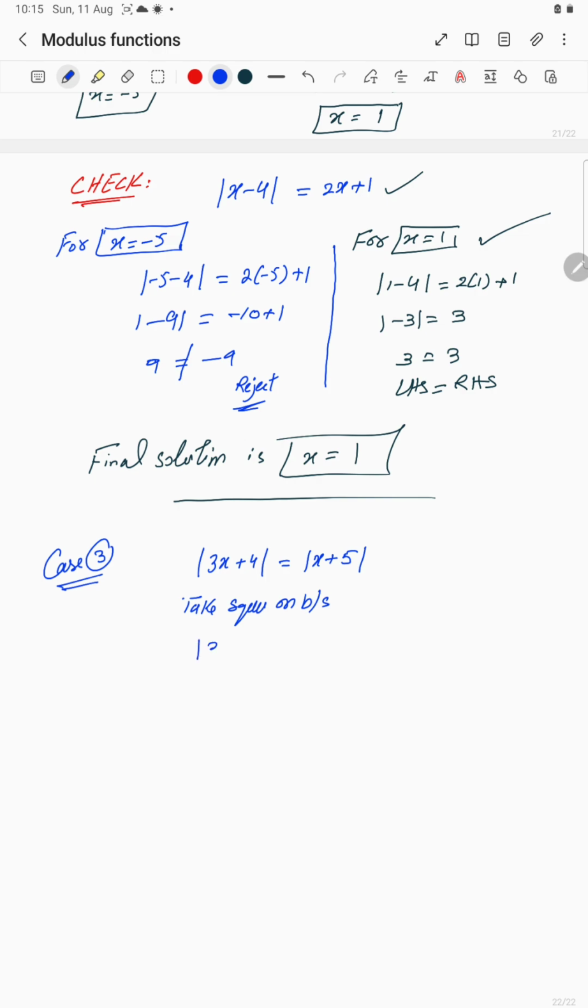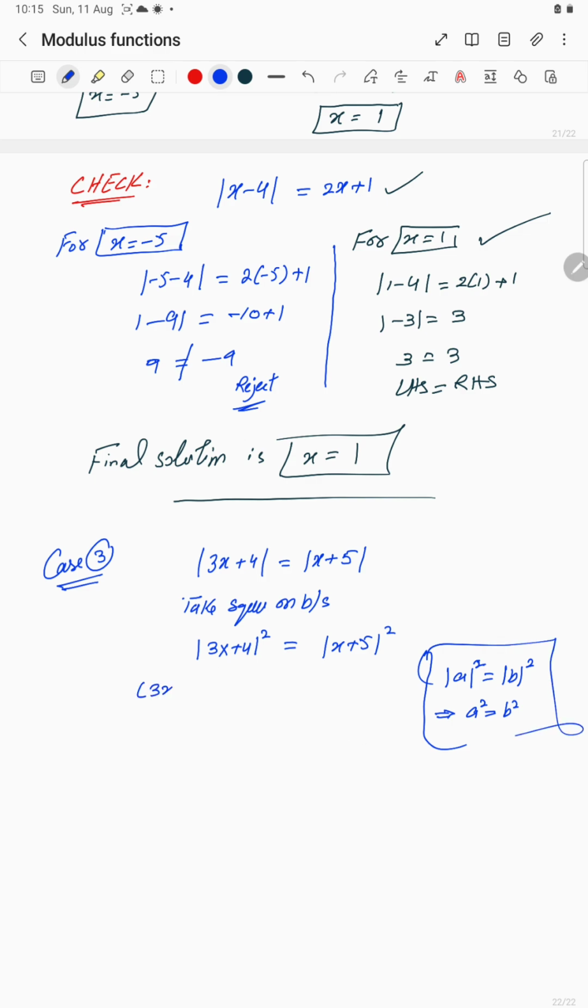So we'll get |3x + 4|² and |x + 5|². Now the property states, if |a|² equals |b|², then a² equals b². So this is property 2 and we can apply it here.